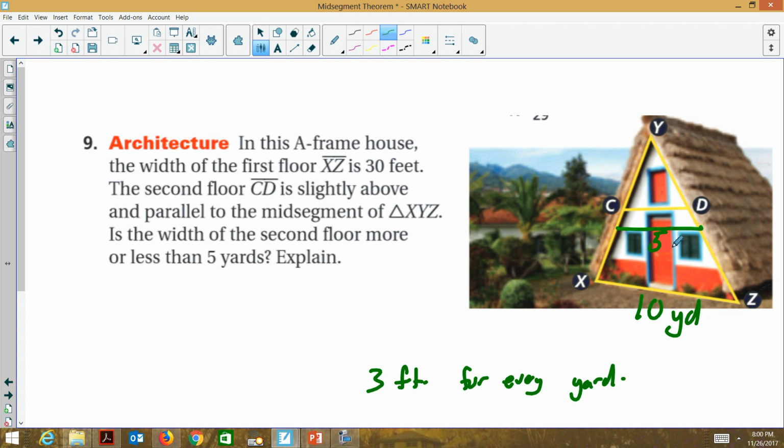This line would equal 5 yards. So they want to know whether or not CD actually would be more or less than 5 yards. And the answer to that is it would be less than because it is above the mid-segment. Since it's creeping up above and above, it's getting smaller and smaller and smaller.